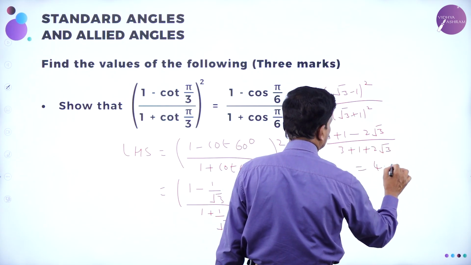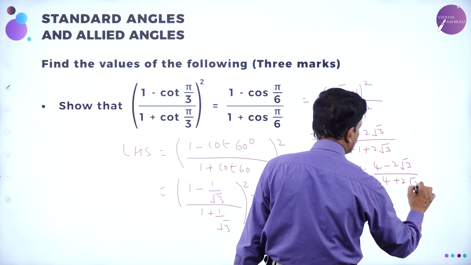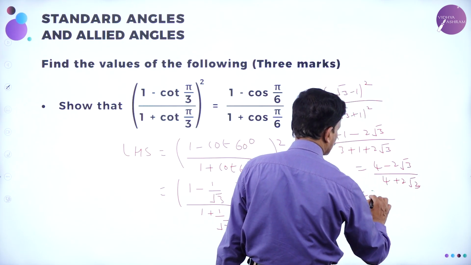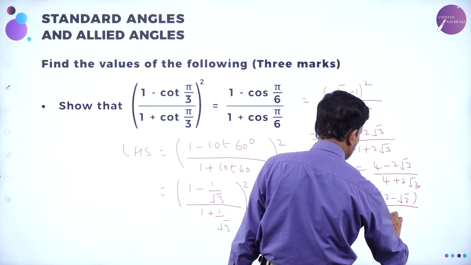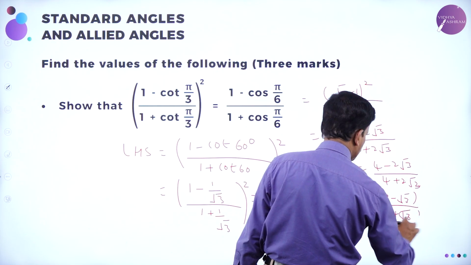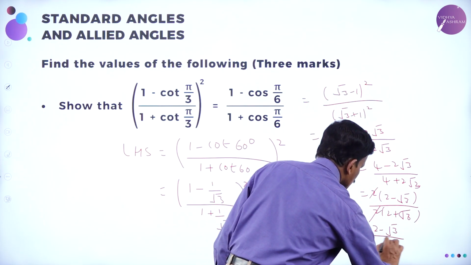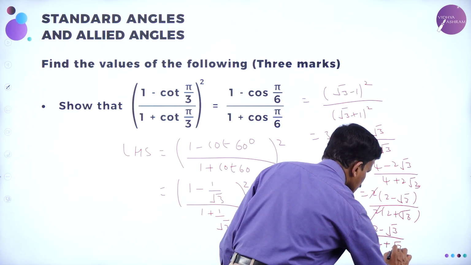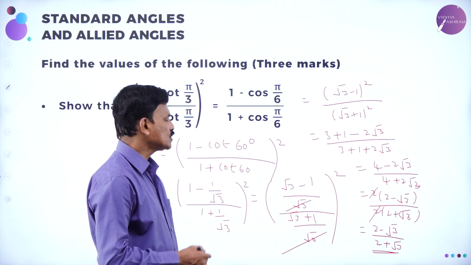This is equal to 4 minus 2 root 3 divided by 4 plus 2 root 3. You can take the common factor, 2 is the common factor: 2 into (2 minus root 3) divided by 2 into (2 plus root 3). 2 gets cancelled. This is equal to 2 minus root 3 divided by 2 plus root 3. 2 minus root 3 by 2 plus root 3 is the left hand side.